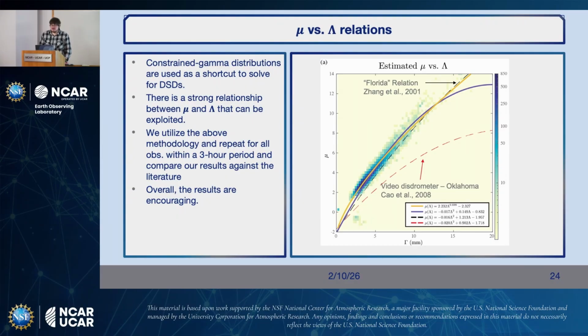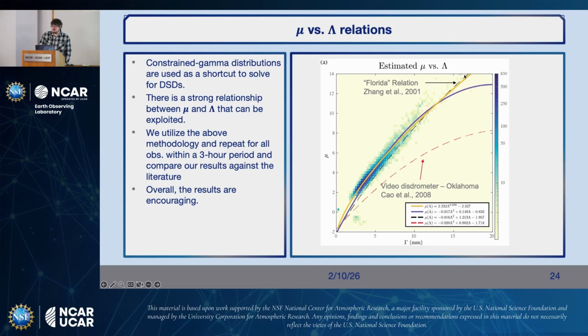So throughout the years, I guess, there have been these shortcuts to retrieve the drop size distributions using a constrained gamma distribution. There are different shape parameters and size parameters in the gamma distribution, and there's a relationship between them that people have been able to find for various different environments.